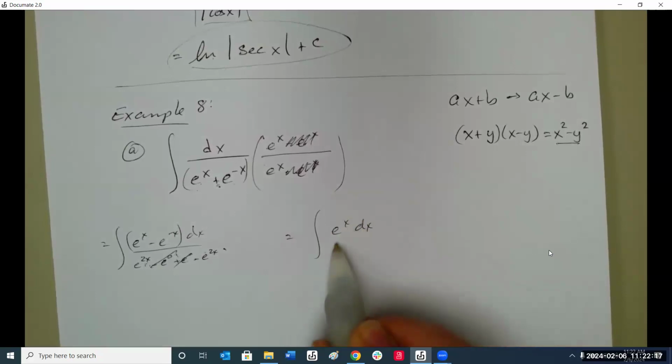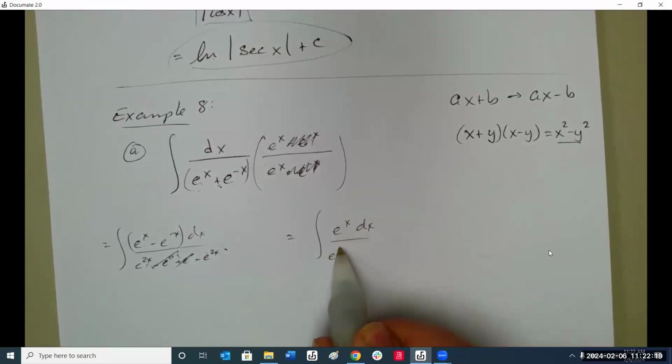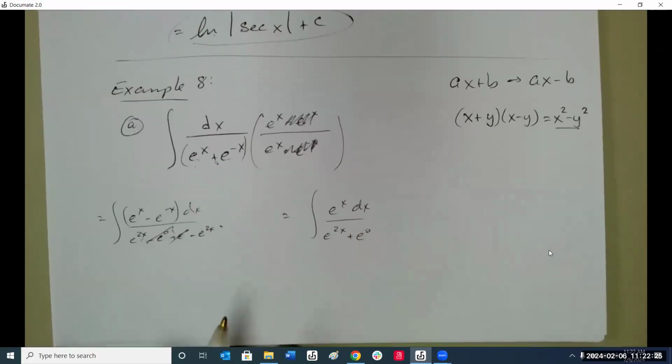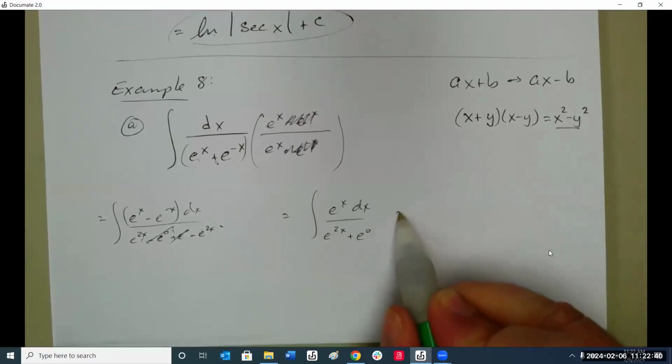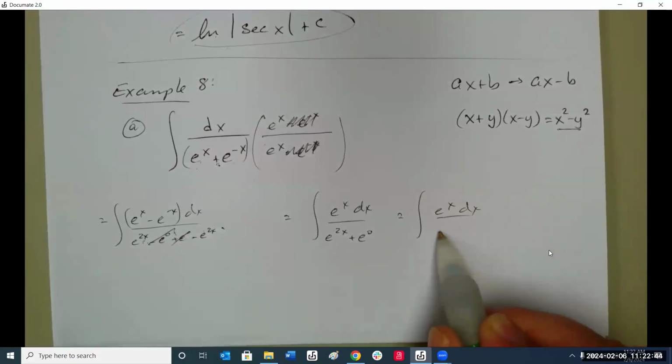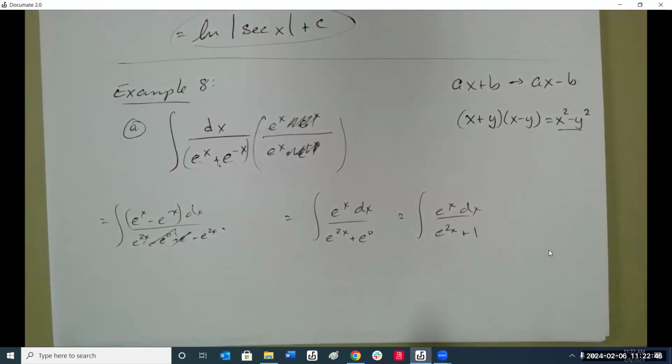e^x dx over e^(2x) plus e^0. So this gives us the integral of e^x dx over e^(2x) plus 1.